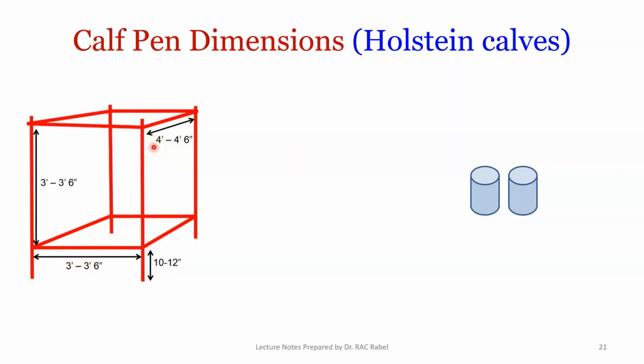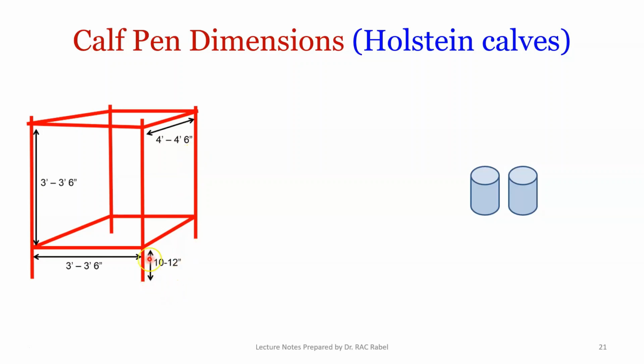So if it's a Jersey farm, right, then the dimension should be 3 feet wide, 3 feet tall, 4 feet long. Whereas if it's a Holstein Friesian farm, then they should be 3.5 feet wide, 3.5 feet tall, 4.5 feet long, right?